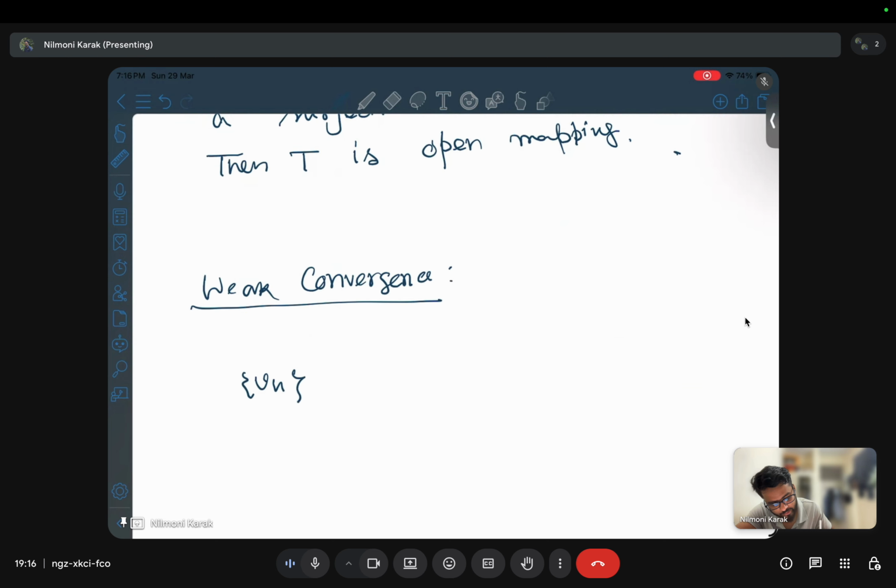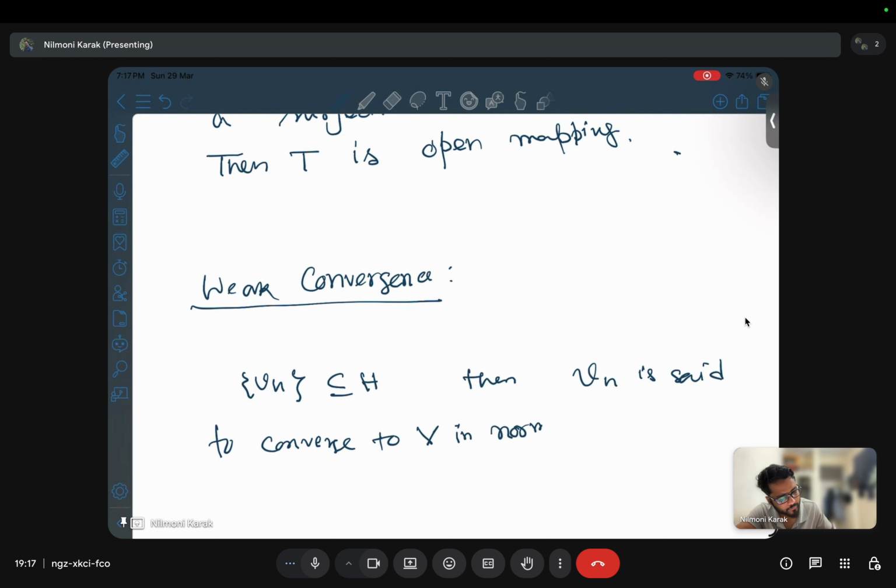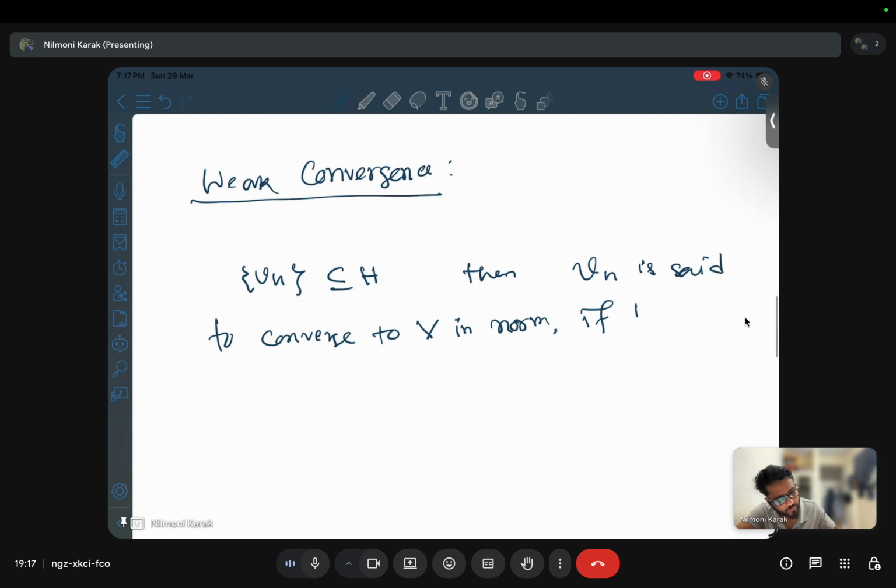Suppose you have a sequence Vn in a Hilbert space H, then Vn is said to converge to V in norm if the norm of Vn minus V goes to 0 as n tends to infinity.